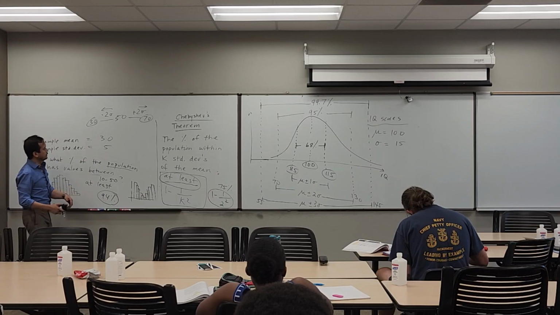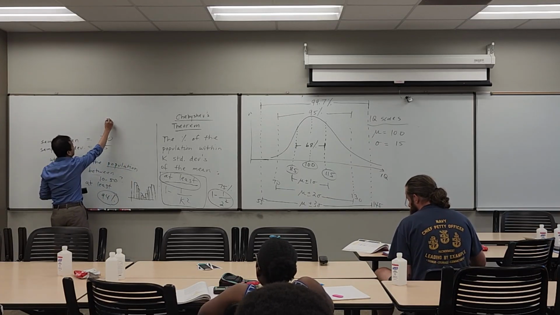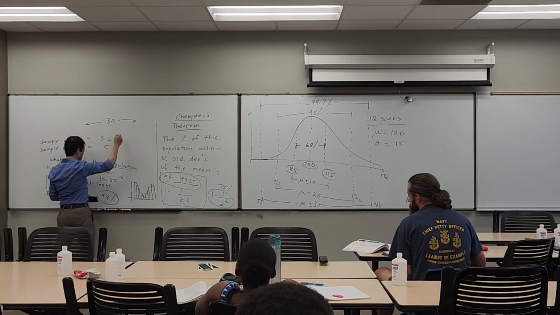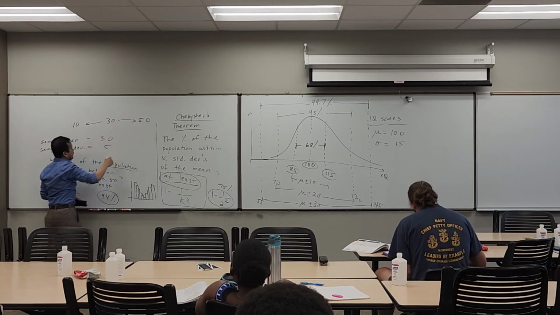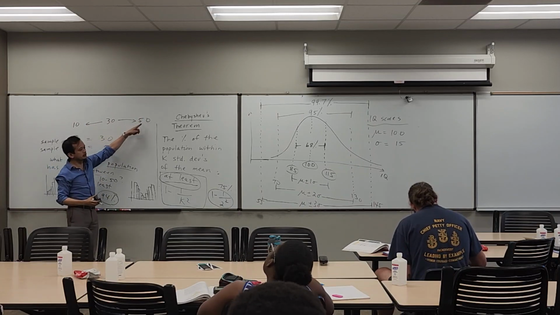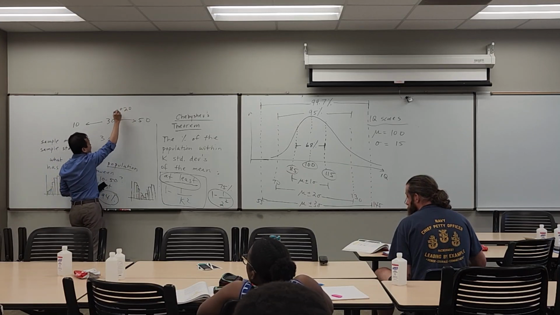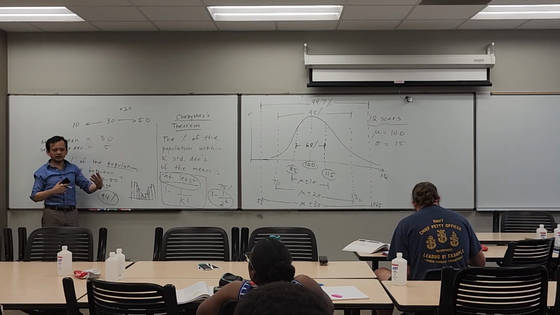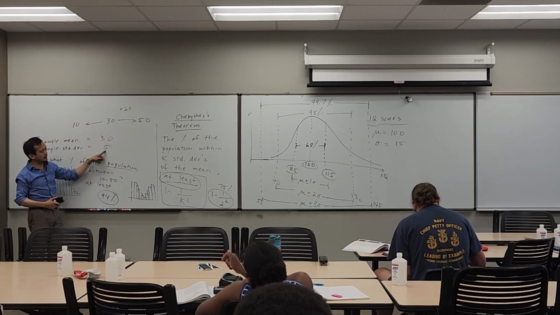And again, the way that we got that was we went from 30 to the endpoints. One is 10, one's 50. And going from 30 to 50 is 20 units. But we want to ask how many standard deviations is that. So there are 5 units for each one standard deviation.